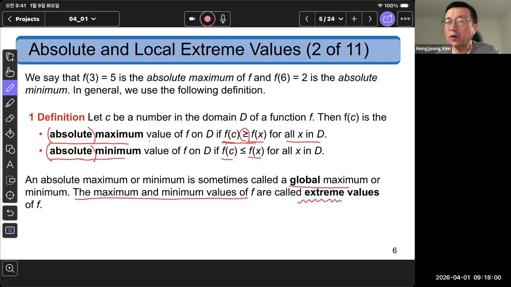So when I say f of c is an extreme value, that means f of c may be the largest value or the smallest value, or mathematically speaking, an absolute maximum or absolute minimum. So extreme value includes both maximum and minimum values of the function.